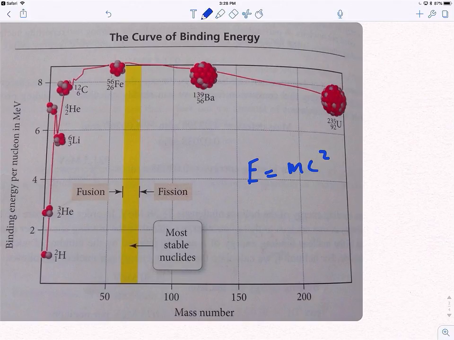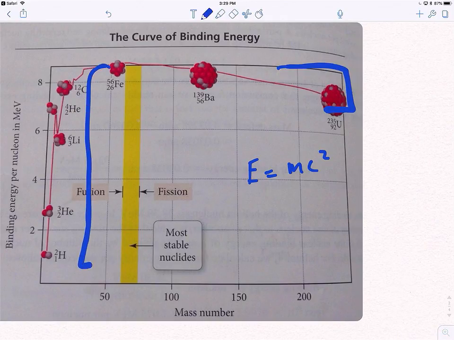So you can see over here, here's uranium. When you break it apart, you get some energy. But if you look at this height here, say you break apart to form iron, versus this here for deuterium, it's even going to be lower for light hydrogen.